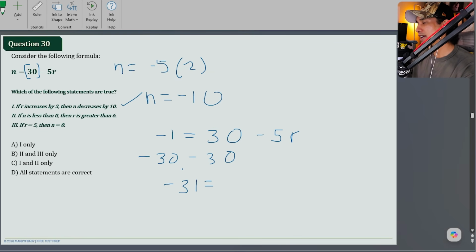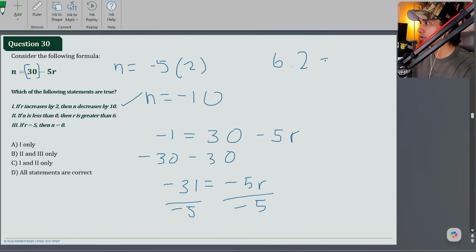Anyway, let's just go ahead and do this. -31 equals -5R. Divide by -5, divide by -5. A negative divided by a negative is going to give us a positive value. And -31 divided by -5 will actually give us 6.2 equaling R. I know that only because I did look at the answer choices. So this is proven correct.